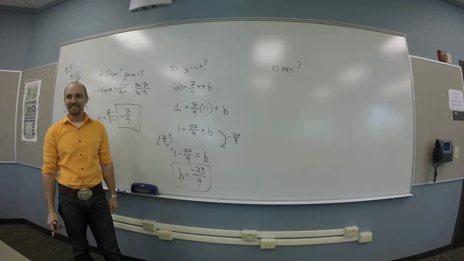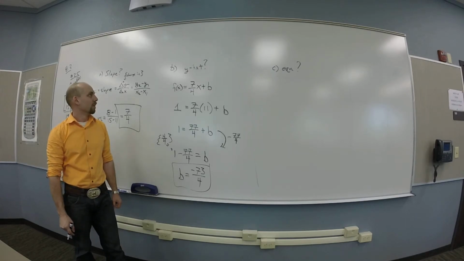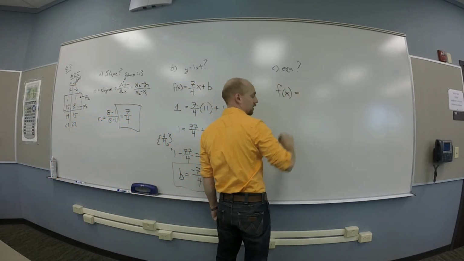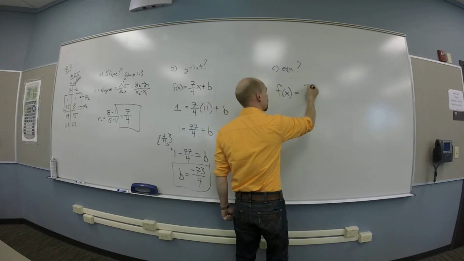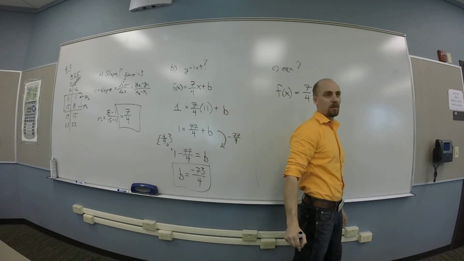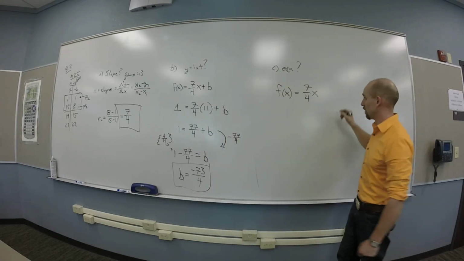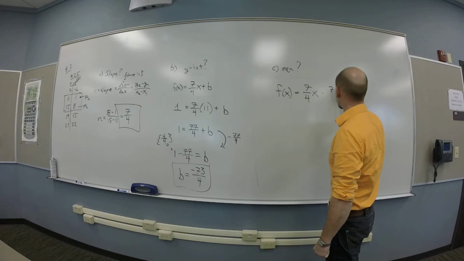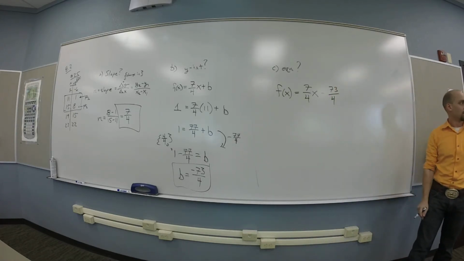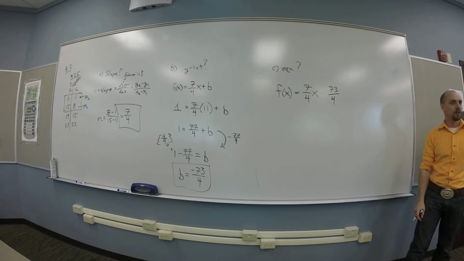Now, what do you do with these? You put them into an equation for C. So f of x equals 7/4 x minus 73/4. You guys cool with that?